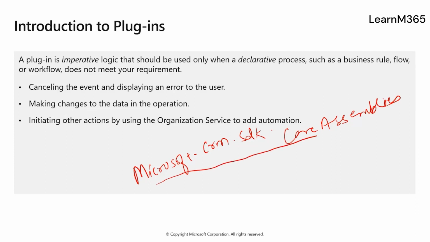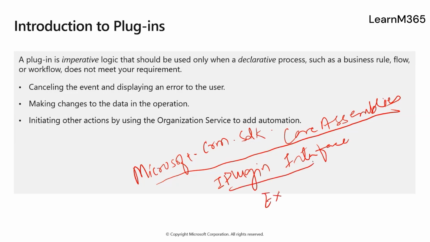So from this particular package, you are going to have the IPlugin interface, and from this interface you are going to have the Execute method, which you are supposed to override to define your logic, what you want to implement, what you want to deal with.